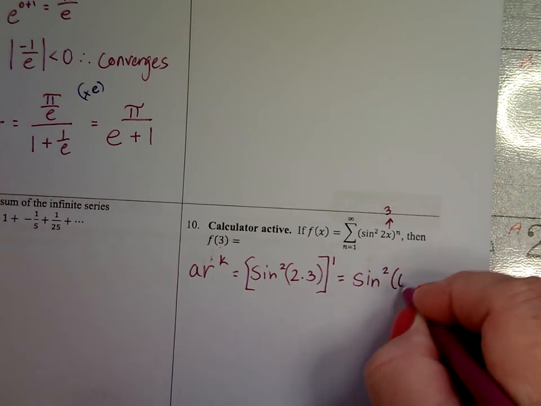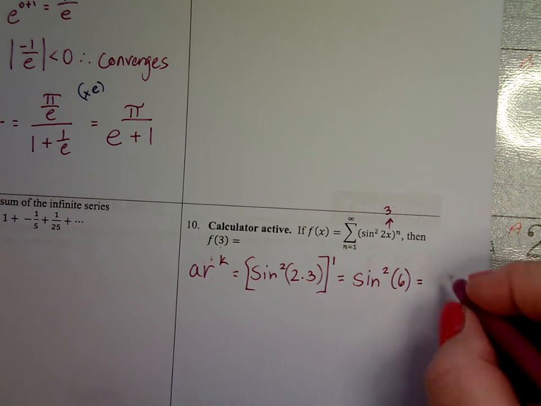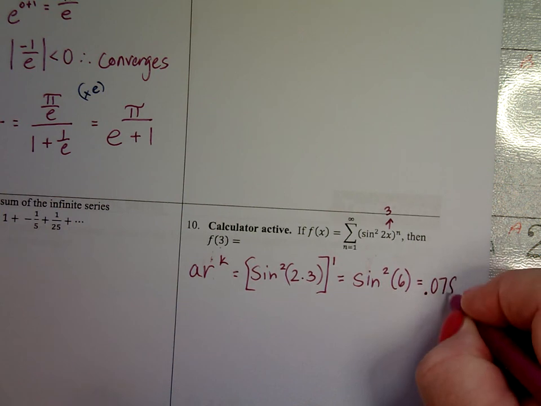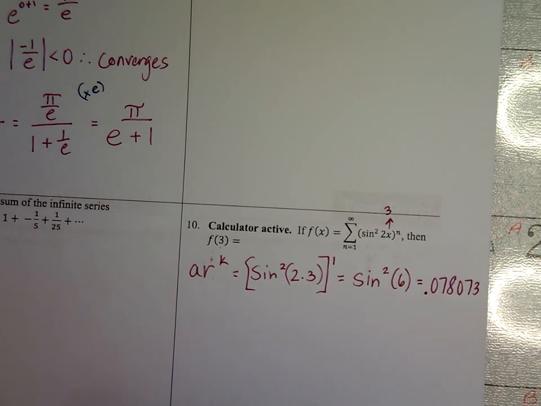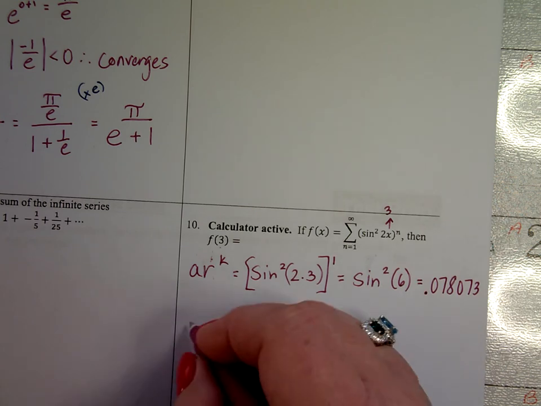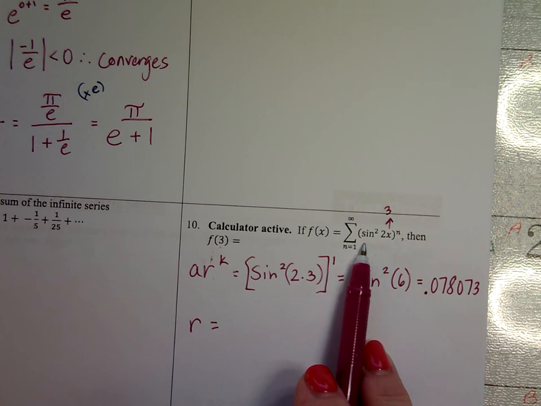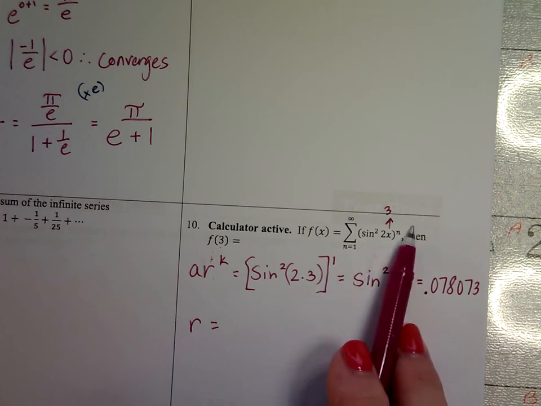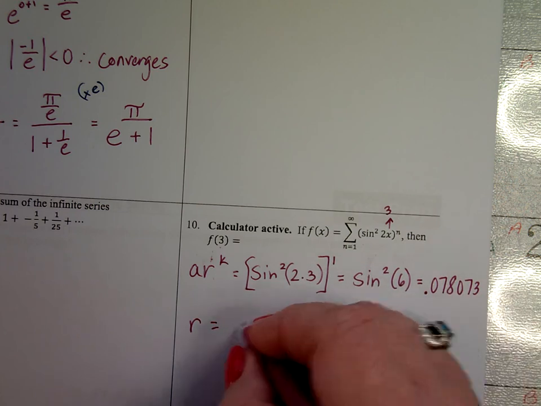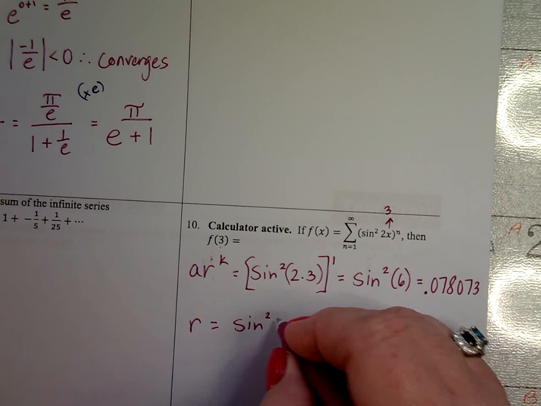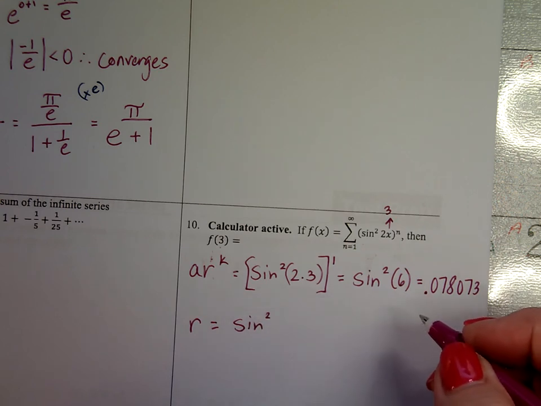Go to my handy dandy calculator. I say, okay, guys, what is it? And they tell me it's 0.078073. Well, what's your r? Your r is just this value inside without it being raised to the nth power. So your r is the sine squared of 6, which is the same answer you just got.